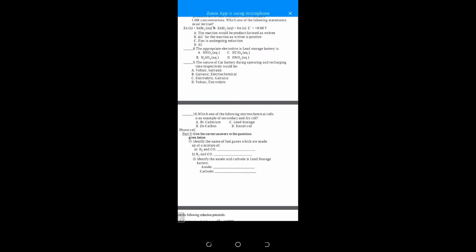The answer will be D, voltaic and electrolytic respectively. Voltaic means during operating time, generating electricity, and electrolytic during recharging time means electrical energy generates chemical reaction. The answer will be D. Any questions here?